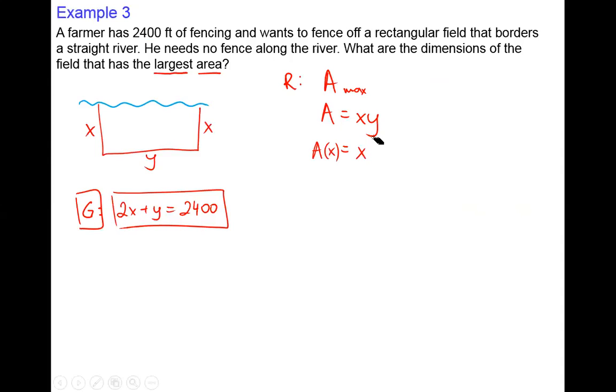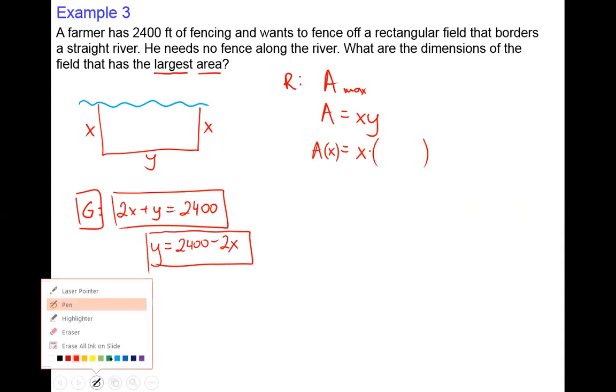And we will solve, because we need the formula for y taken from the given information. I wanted to solve this equation for y, easier than for x, dividing by 2. That means y equals 2,400 minus 2x. Okay, that means I was right at the beginning.